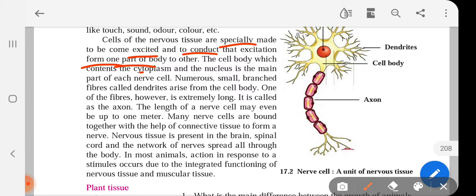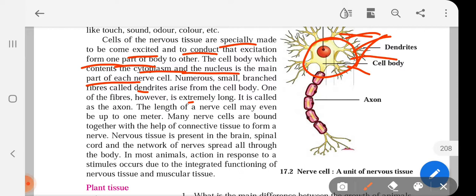The cell body, which contains the cytoplasm and the nucleus, is the main part of the nerve cell. You can see this is the nerve cell, the cell body, and the cytoplasm present in it. Numerous small branched fibers called dendrites, these are the projections, the branches, that arise from the cell body.